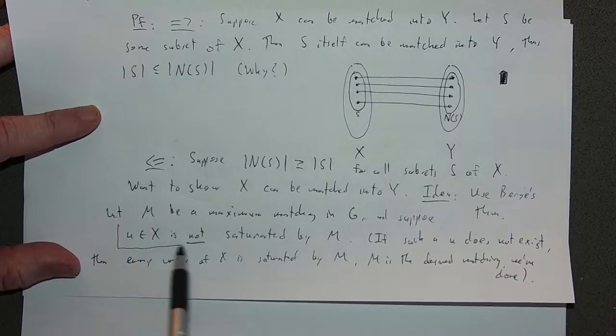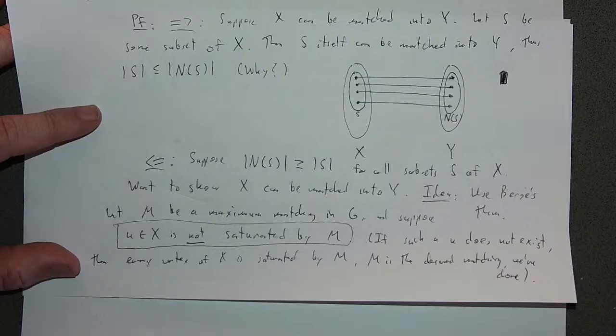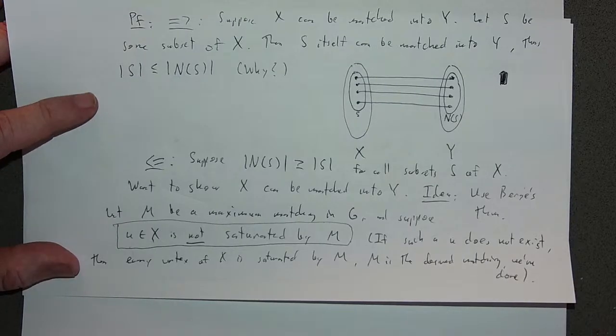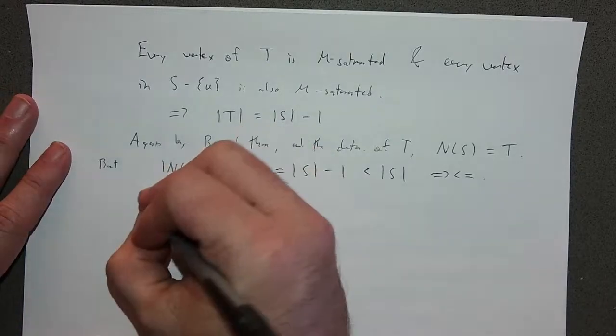Oh, the assumption that we had a vertex in X that was not saturated by M. That's the first assumption we made that was not justified. We just assumed that this thing existed. This is the thing that can't exist.